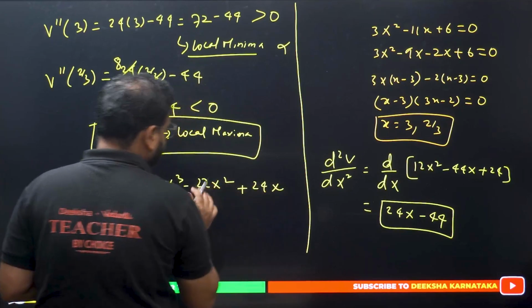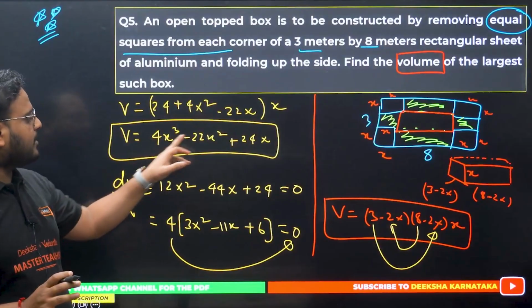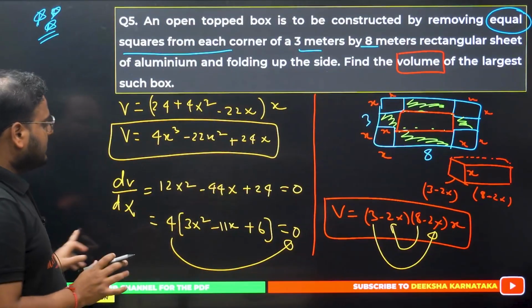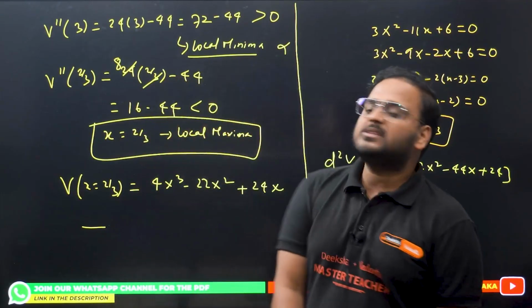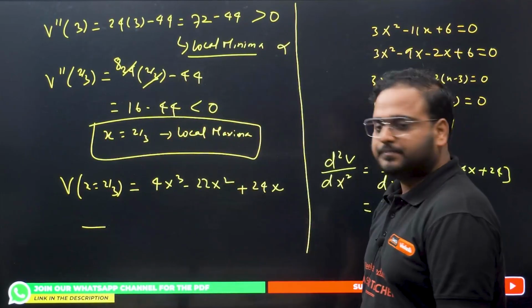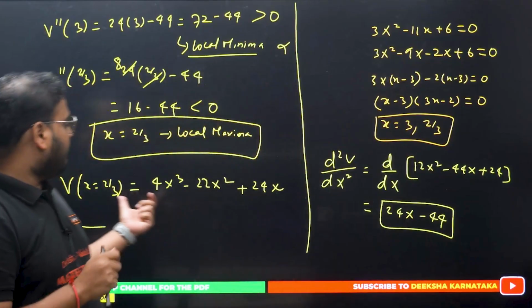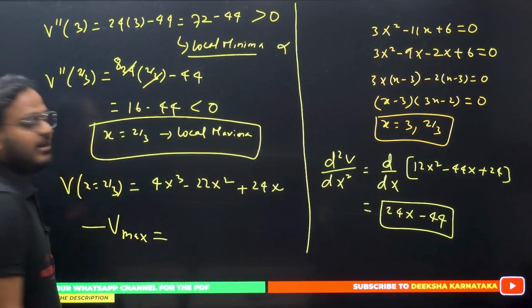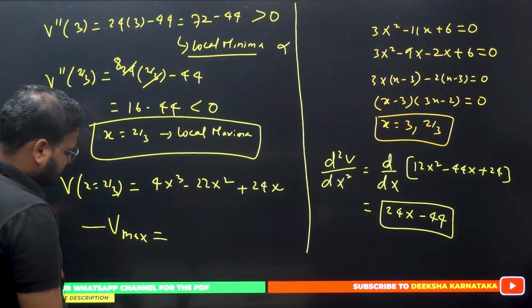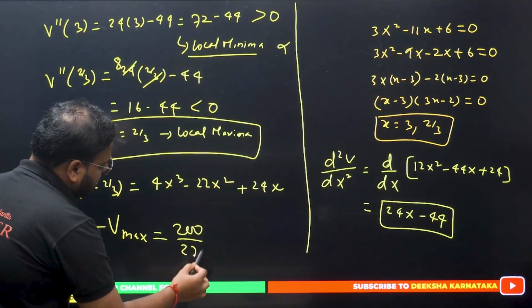So substitute this x value as 2 by 3 in all the terms and give me the result. Right now, comment the result of the maximum value, V max. Give me the value. I think, not sure, but I think it's going to be 200 by 27, something like this.